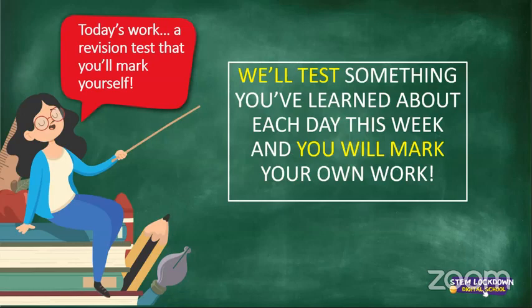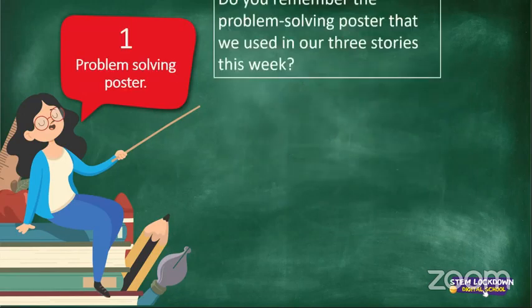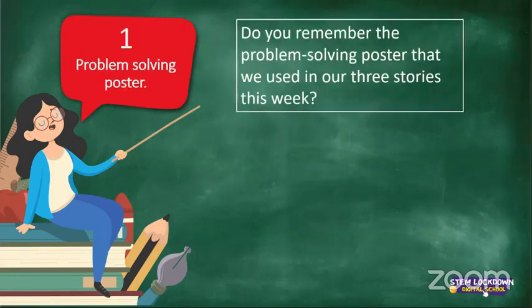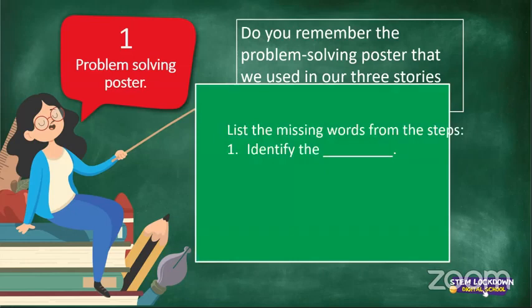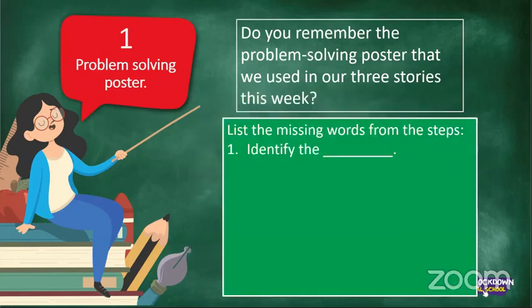So we're going to start with our problem-solving poster that we used in all 3 of our stories this week. Do you remember it? It had some steps in it. So I want you to list the missing words from these steps. So if you're trying to solve a problem, and our theme has been, are you a problem solver? If you try to solve a problem, how do you do it? There's steps. First of all, identify the something.